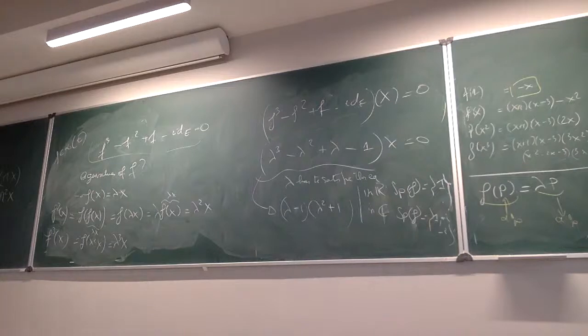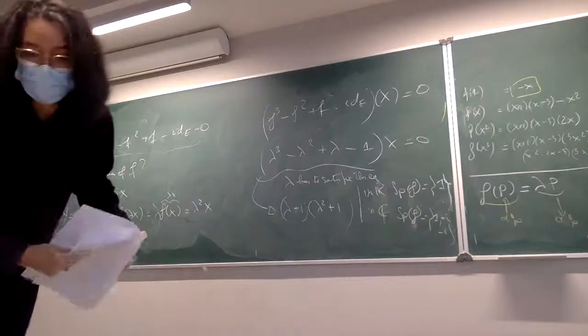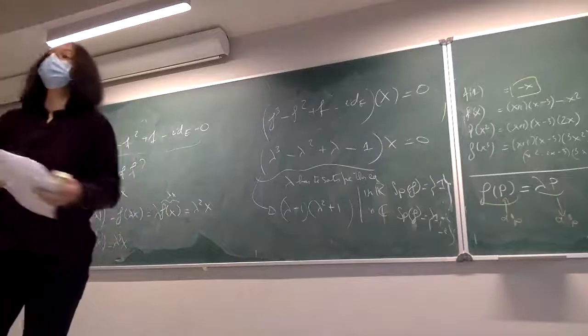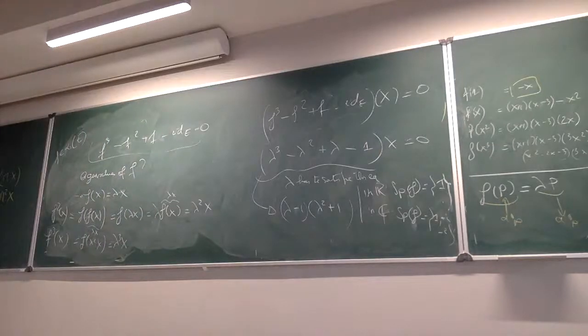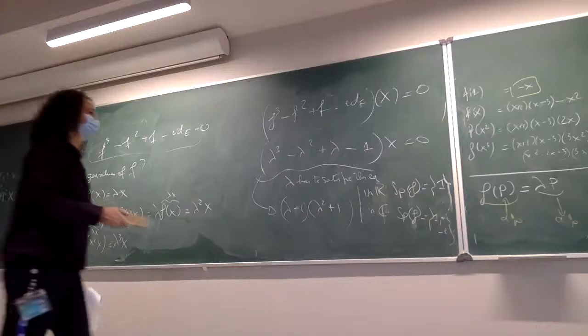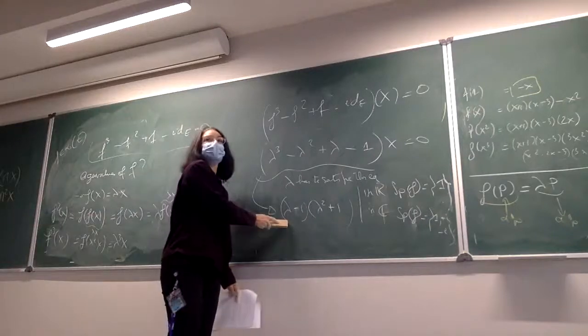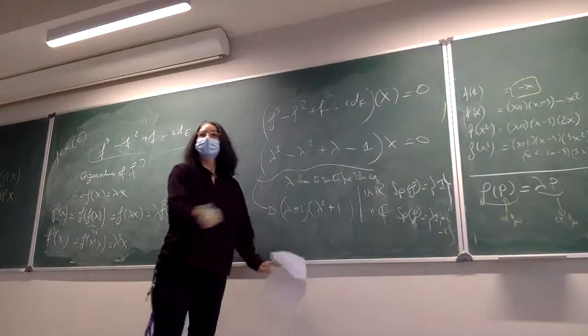Is f invertible? Yes? In R, why is the spectrum not 1 and -1? Because -1 is not a root. I just have 1. Okay?